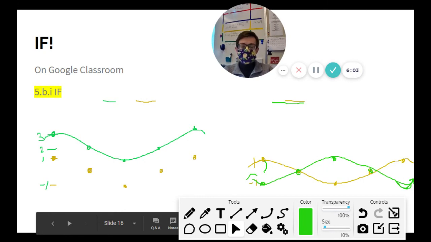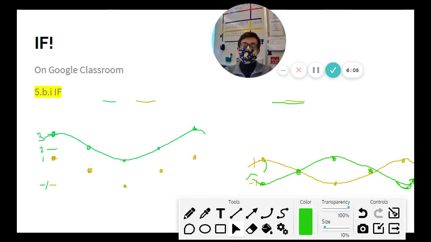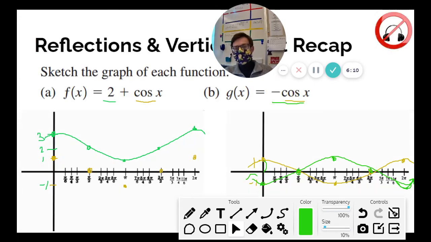So you have an IF to complete as well. It is due on Wednesday, so please make sure you take this time to complete said IF. I can show you a little bit of what that looks like and anticipate any questions. It'll be a little challenging to graph things.